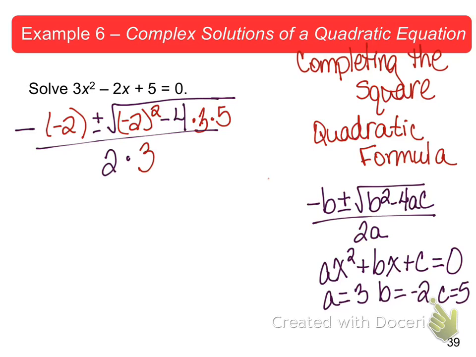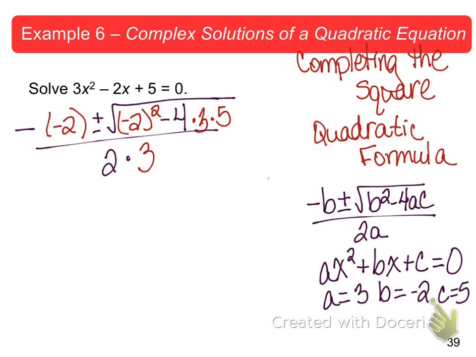And students will turn negative 2 squared into negative 4. Any negative number that you've got for b, when you square it, you're going to get a positive. So be careful of that. That's why I do it in different color, just to help you see the difference between what I'm plugging in and what's part of the problem.